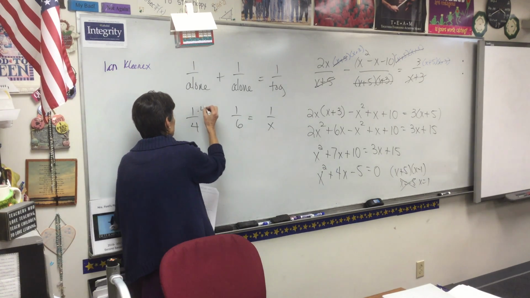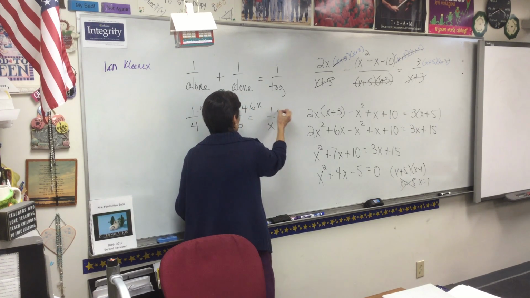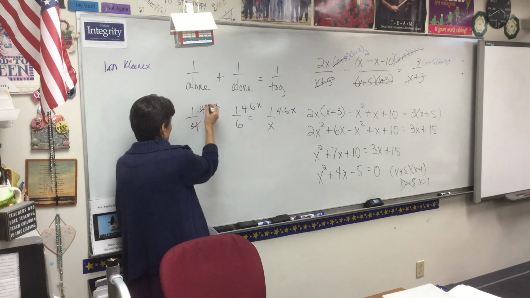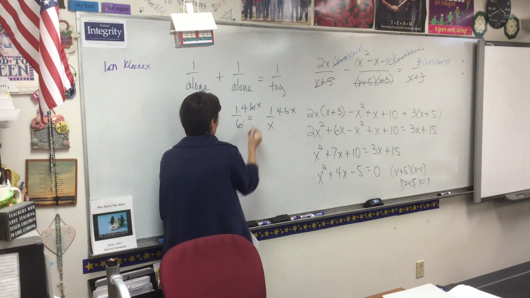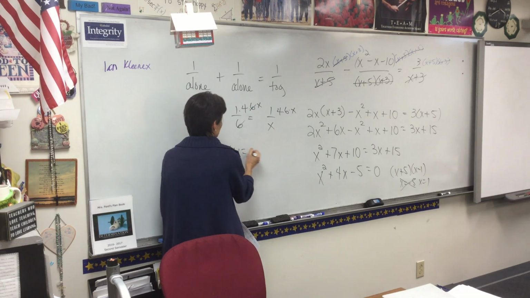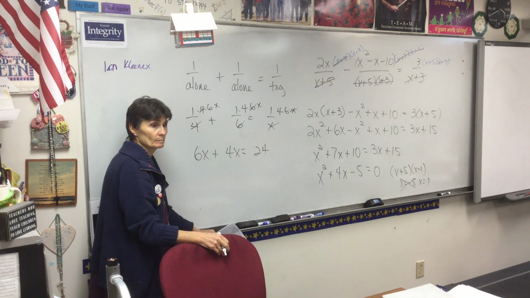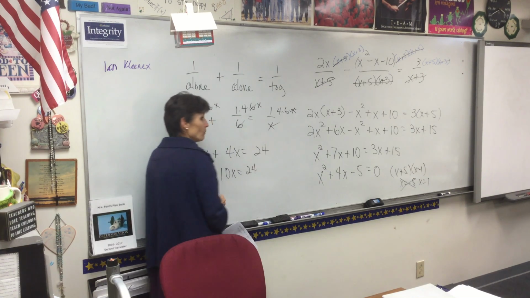24. So 4 times 6 times x. So we've got 6x plus 4x equals 24. So 10x equals 24.